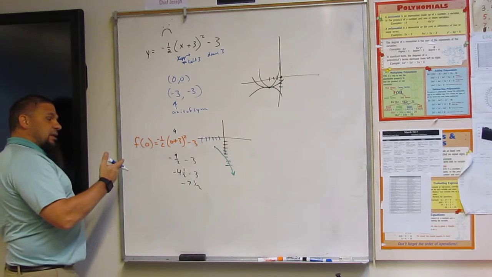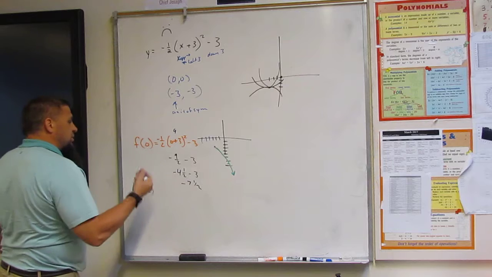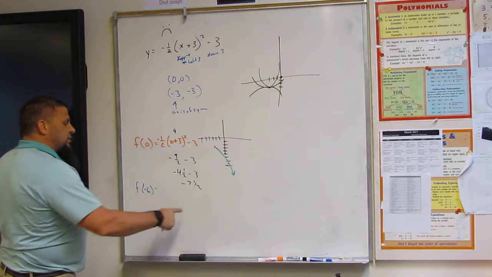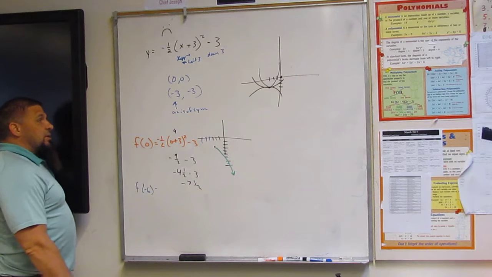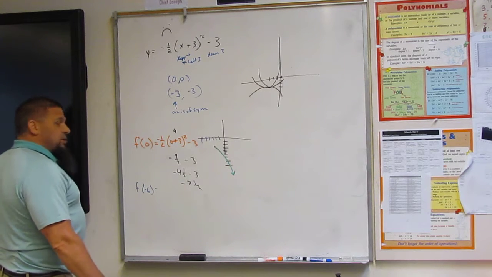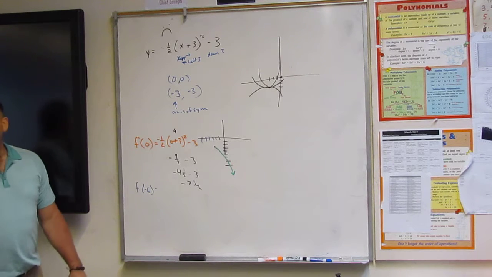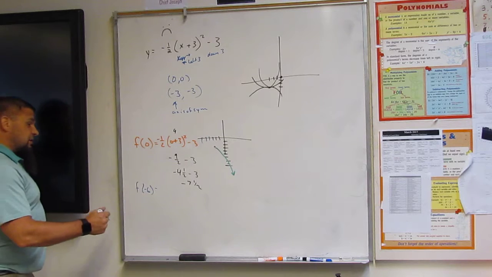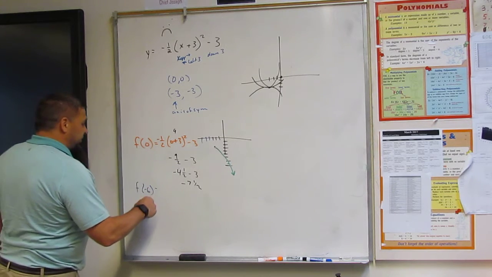So if I come out to negative 6 and do f of negative 6, I should get a good graph. And not only a good graph, I should get negative 7.5. If I don't, something went terribly wrong, and this is going to suck. And you guys are going to go, what happened? I got to erase all this again. But hopefully that won't happen.